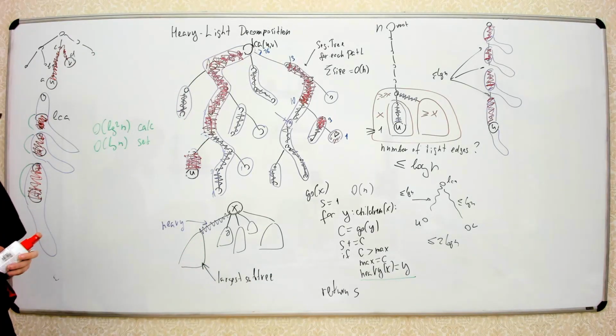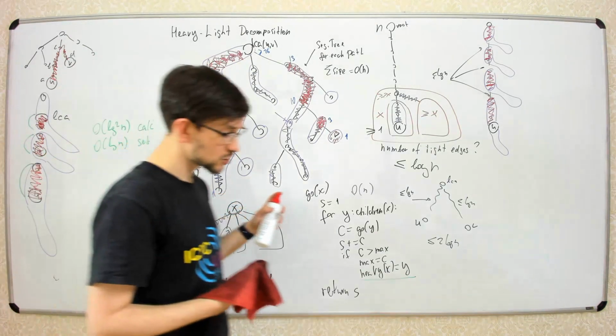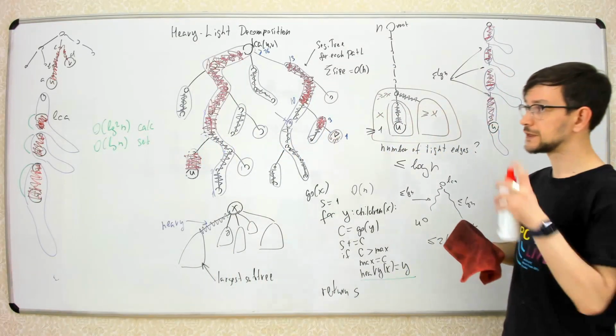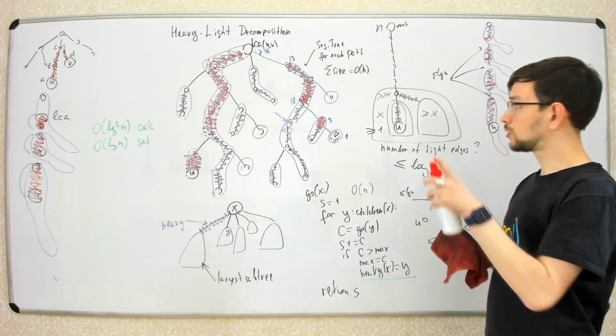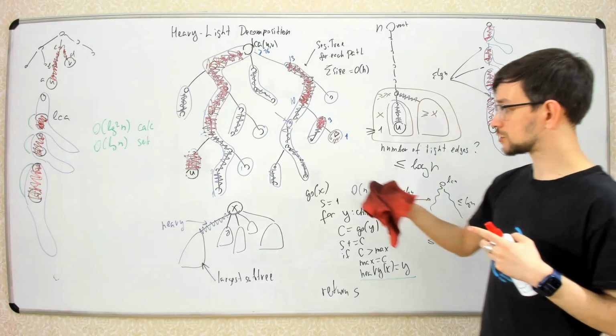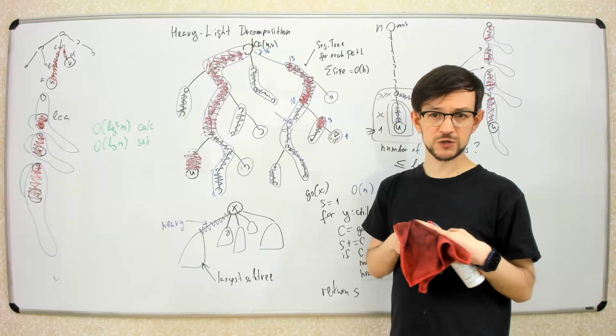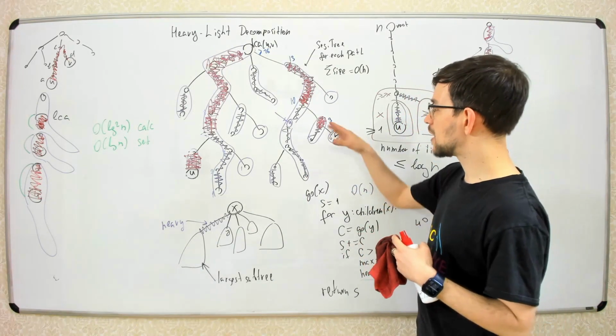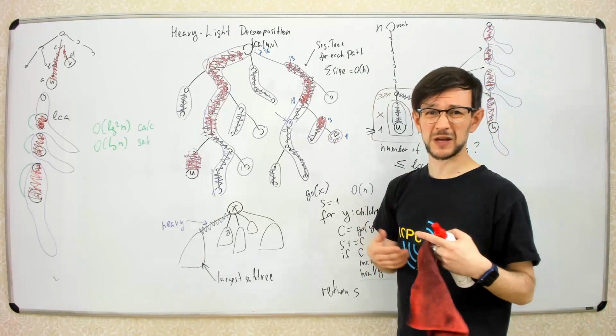So it's quite an easy data structure. What is the easiest way to implement it? Let's see. What I will do first, I will use not many small segment trees, but one big segment tree.